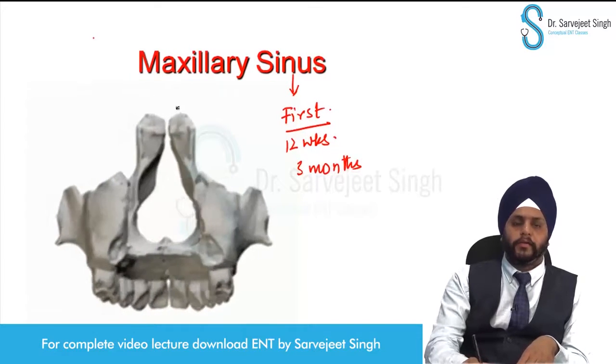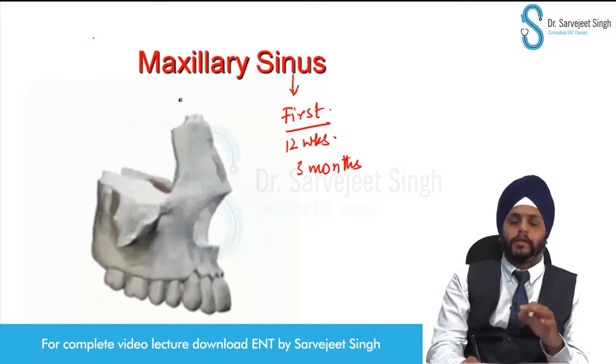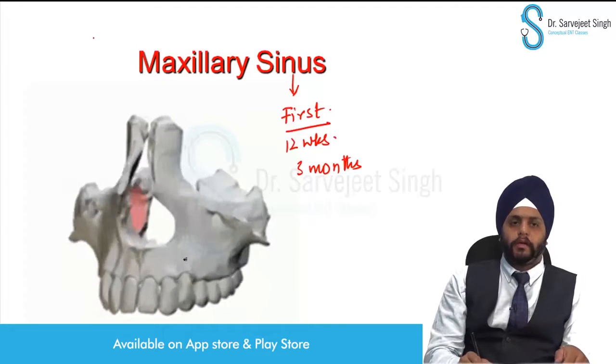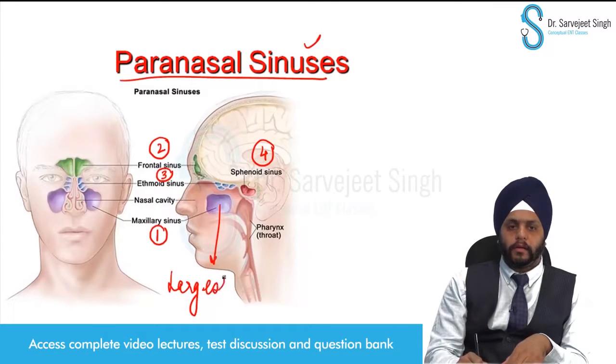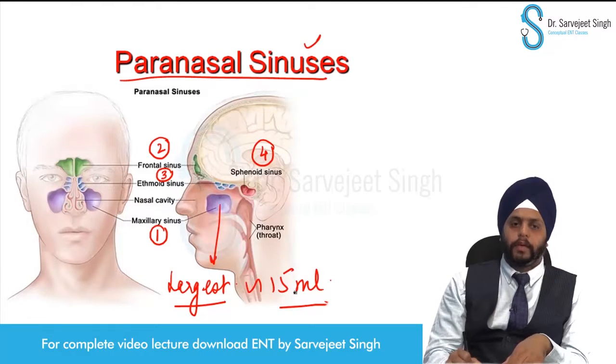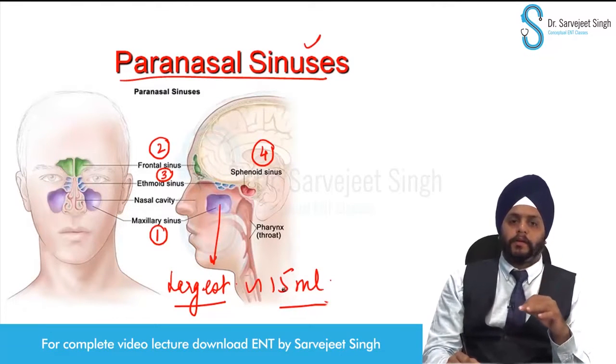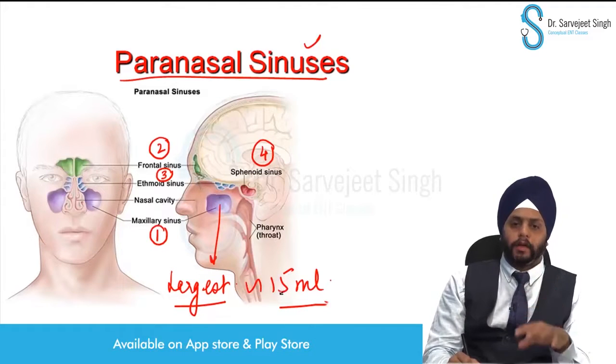This maxillary sinus is the largest paranasal sinus, right? Adult volume is 15 ml. So the largest paranasal sinus has a volume of 15 ml.